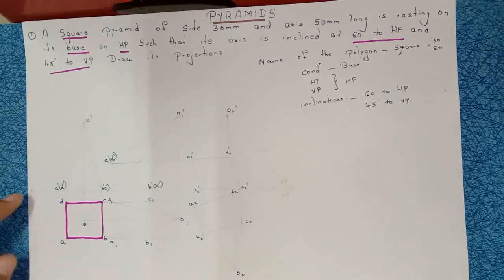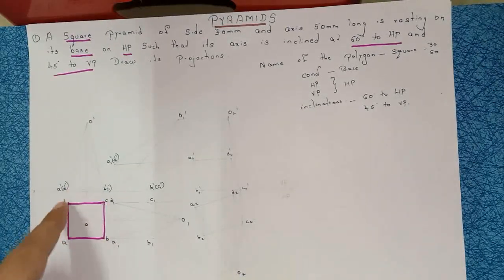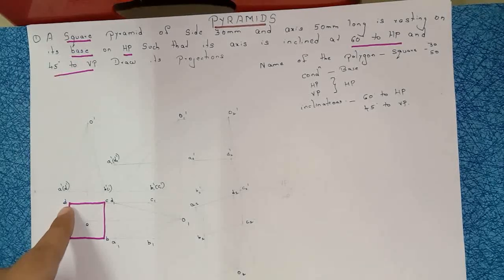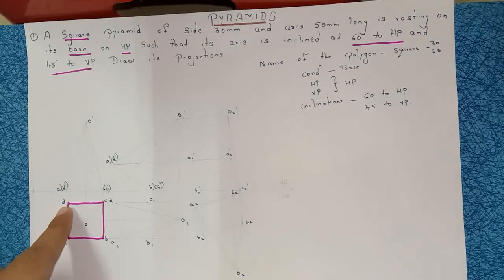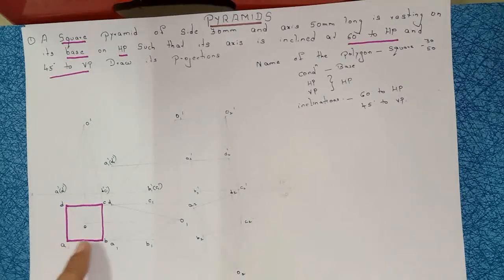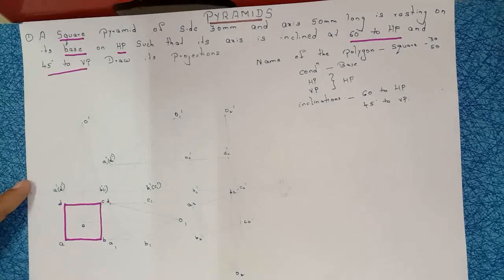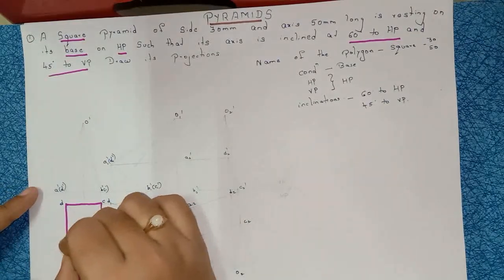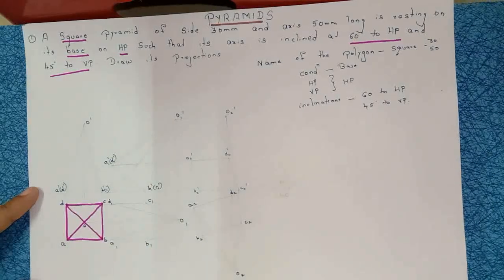After drawing the square, name it as A, B, C, D. In prisms, we were giving points as A of 1, B of 2, C of 3, D of 4. Here there is no need to write numbers, just write the alphabets. Name of the square is A, B, C, D. Here the important point is that you definitely have to mark the midpoint of the polygon.